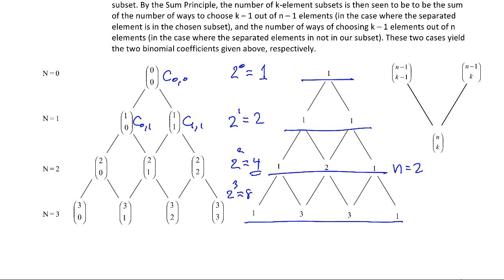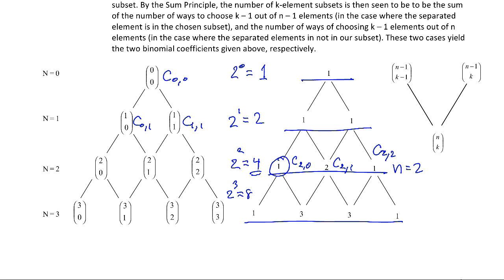The first element, C(2,0), is the number of 0-element subsets of a 2-element set. The second one, C(2,1), is the number of 1-element subsets of a 2-element set. And finally, C(2,2) is the number of 2-element subsets of a 2-element set.